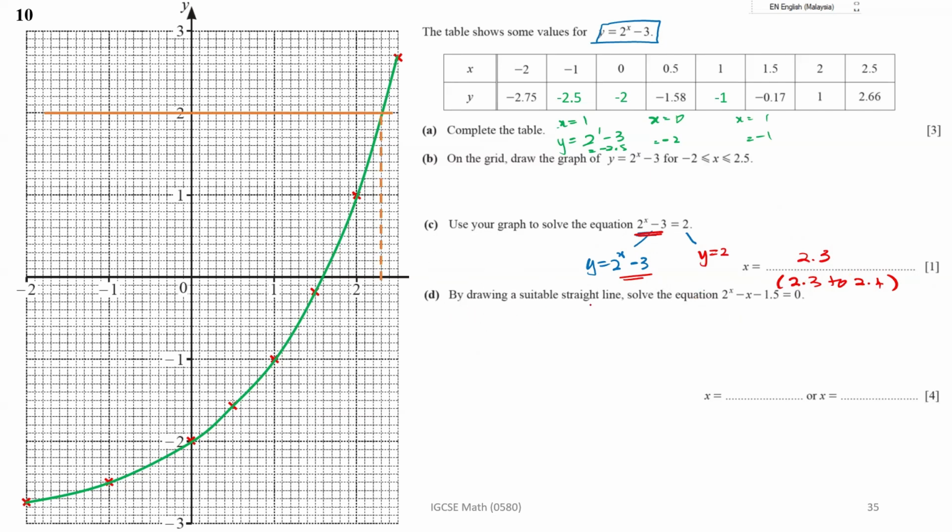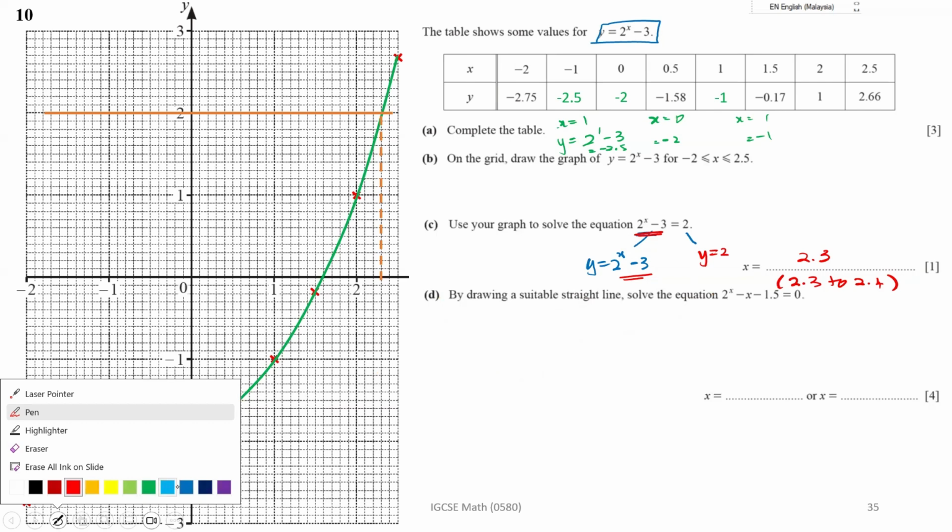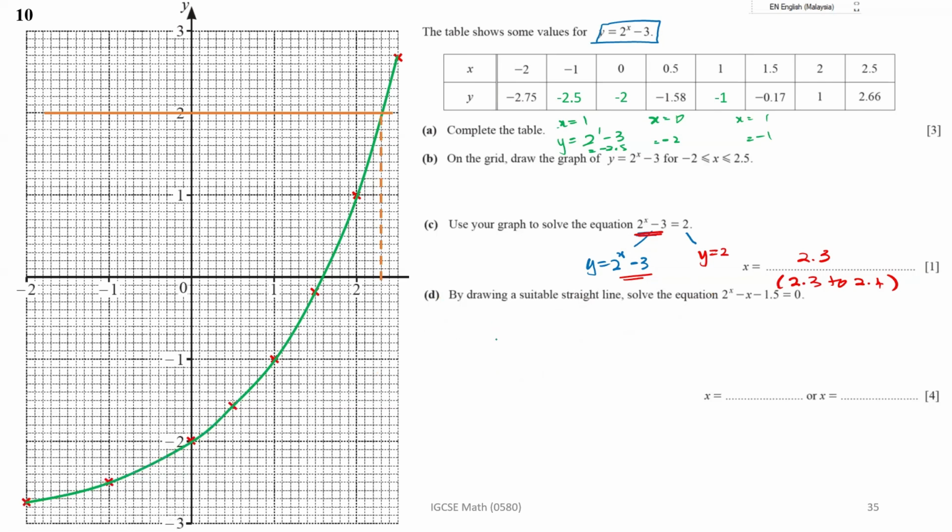D, by drawing a suitable straight line, again solve the equation. So you need to solve again. Remember, you need to split into 2. So we have 2 to the power x minus x minus 1.5 equal to 0.